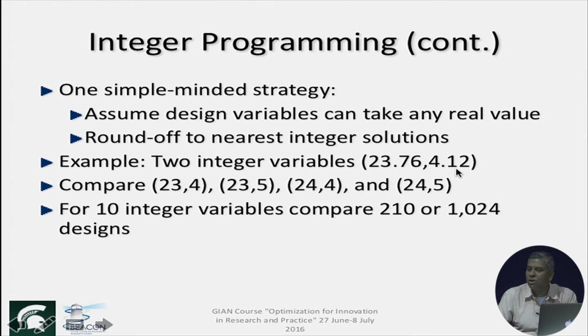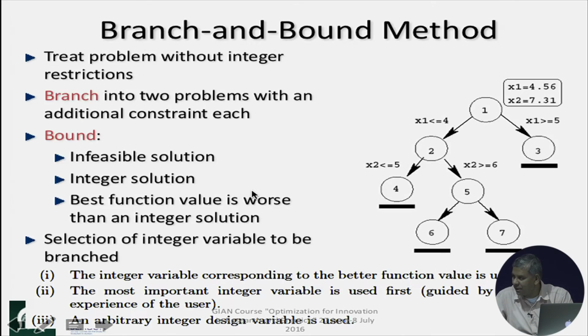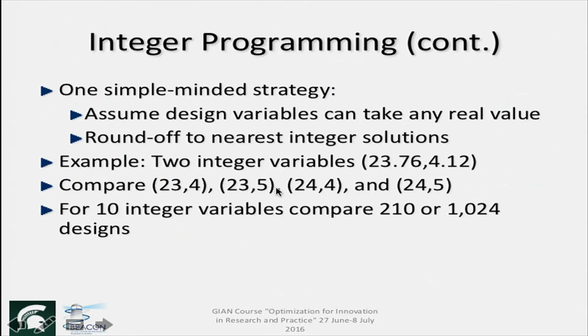And then for 4.12, if only integers are allowed, 4 and 5, right? So now you have two options for each variable, and a total of 4 combinations. All I can do now is compute the function value and the feasibility for all these 4 solutions, and see which one is best. Would that be the optimum of this integer programming problem?